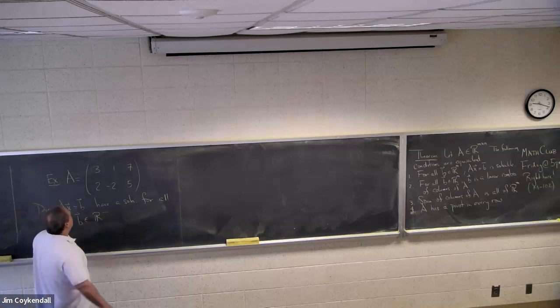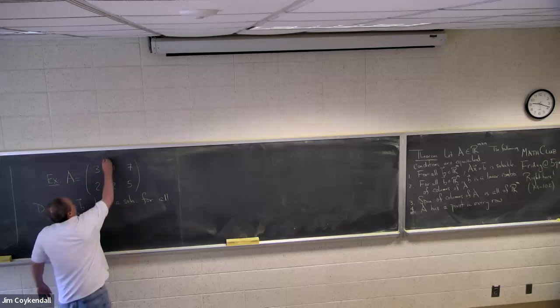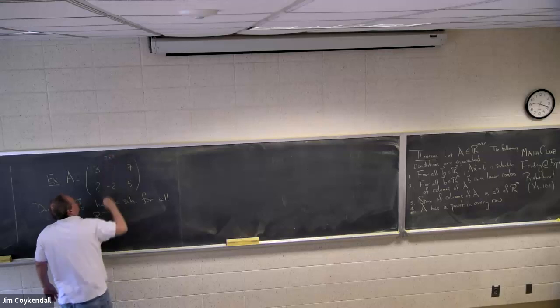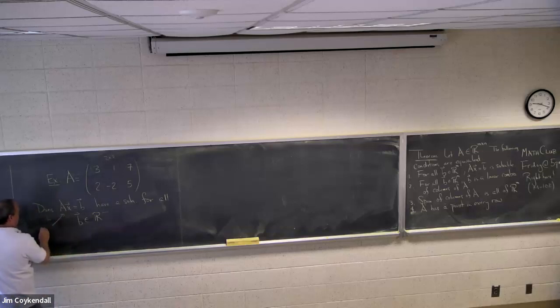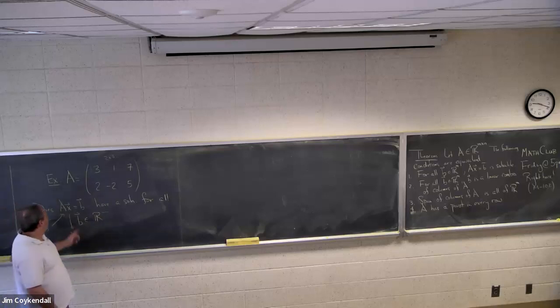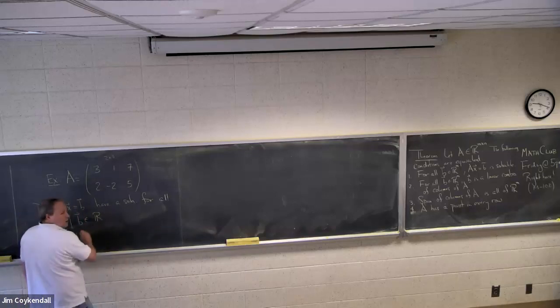What's the size of this matrix? It's 2 by 3. If I'm going to multiply by vector x, what size does x have to be? It has to be 3 by 1. Everybody okay with that so far? And what size is this going to be? 2 by 1. So this should be R^2.